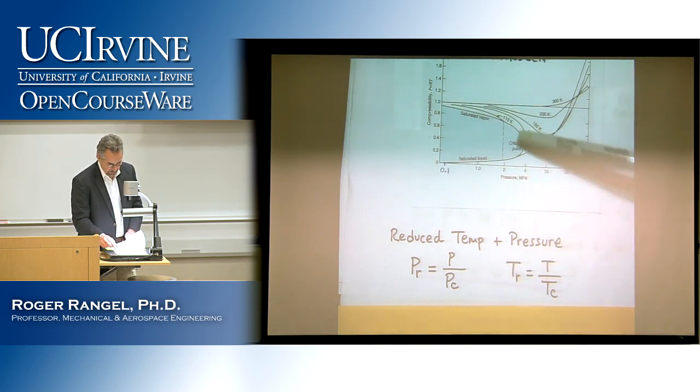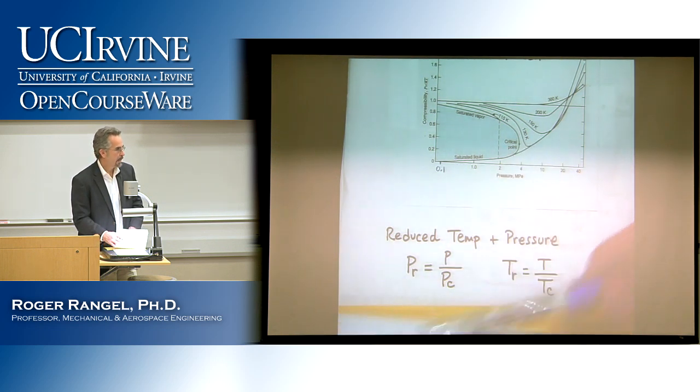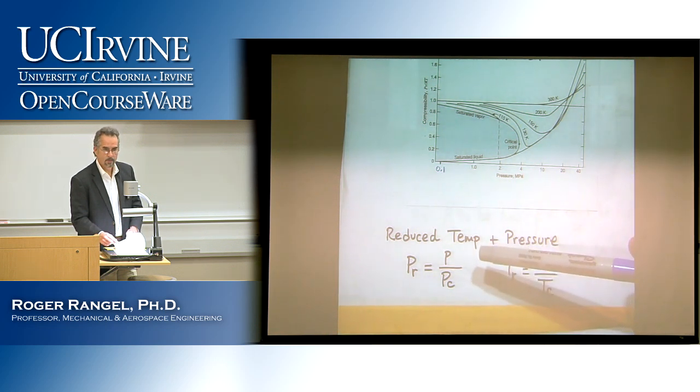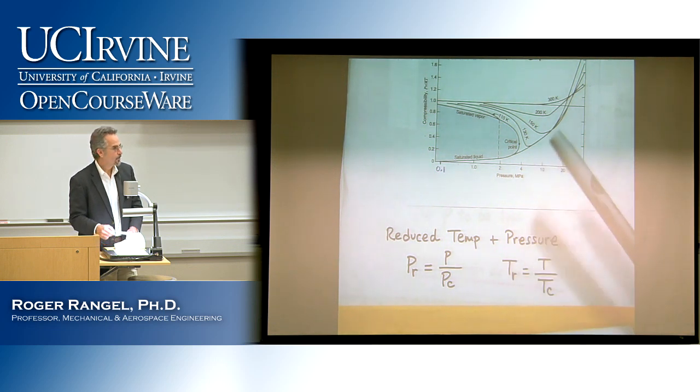So saturated vapor, saturated liquid. And this is to warn you, of course, be very careful if you're trying to use ideal gas law for a liquid. And you will. Some of you will use ideal gas law in an exam, even though you're dealing with a liquid.